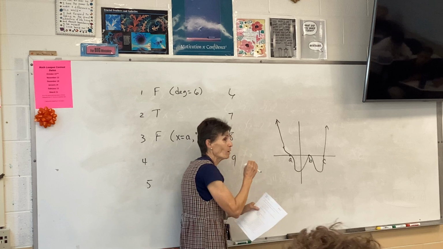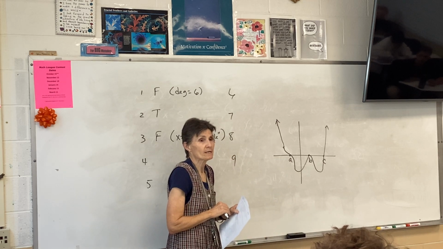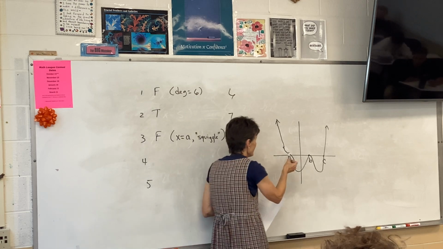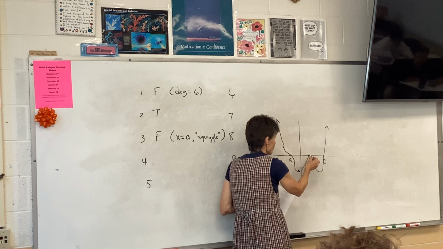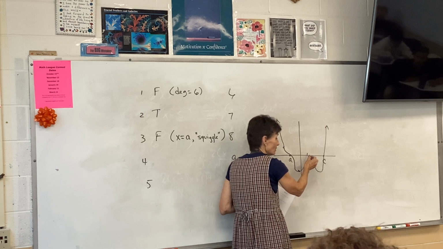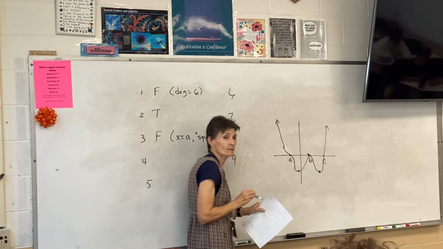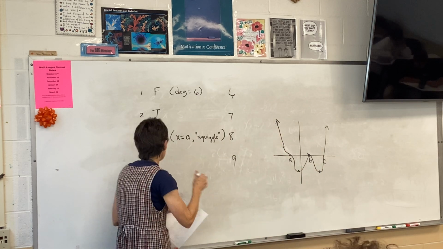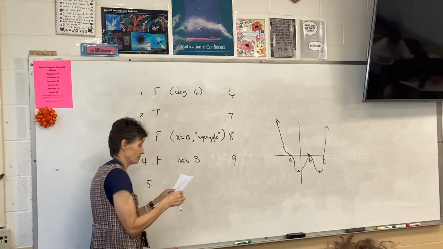So that's what it looks like. How many turning points does it have? It has a turning point here. It has a turning point here. And it has a turning point here. So that one has 3 turning points. So that's a false. It has 3.